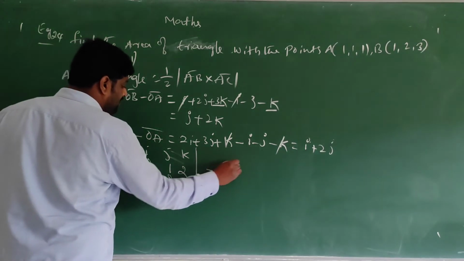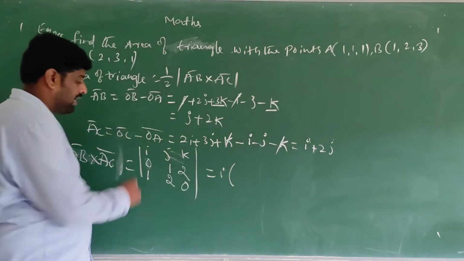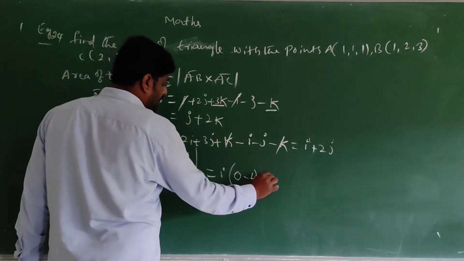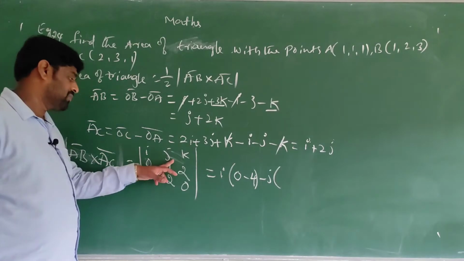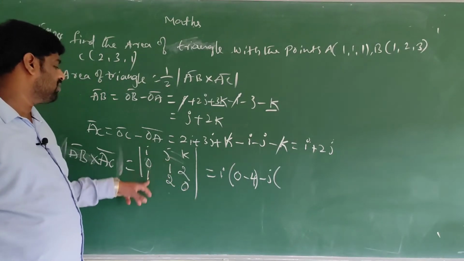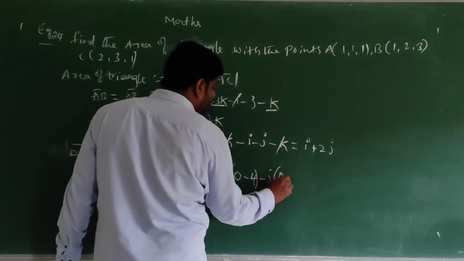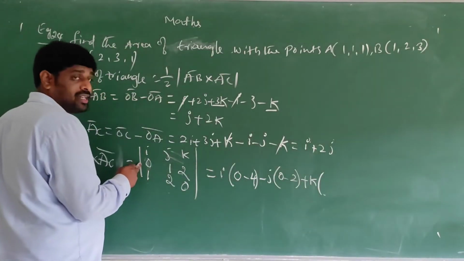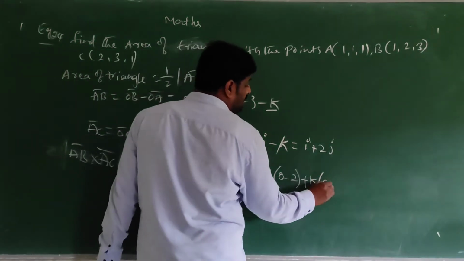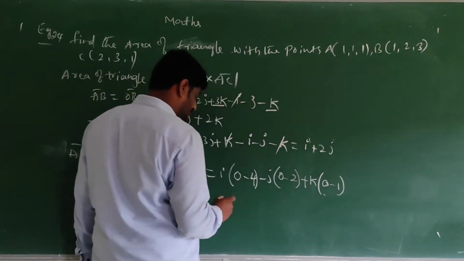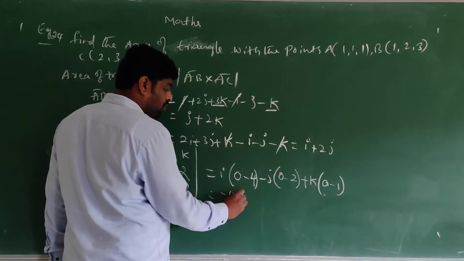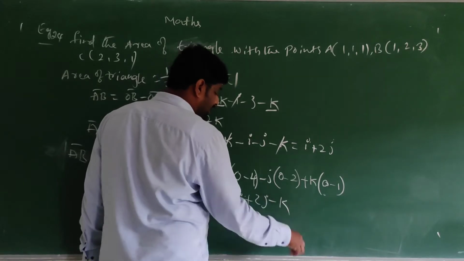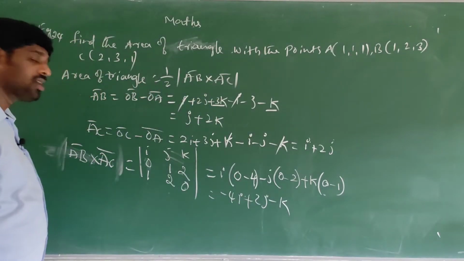Expanding along the first row: I into (0 minus 4) is minus 4I, minus J into (0 minus 2), that is plus 2J, plus K into (0 minus 1), that is minus K. This is AB bar cross AC bar.